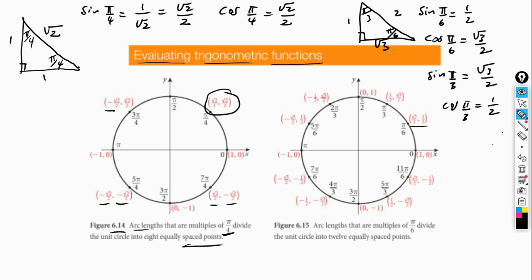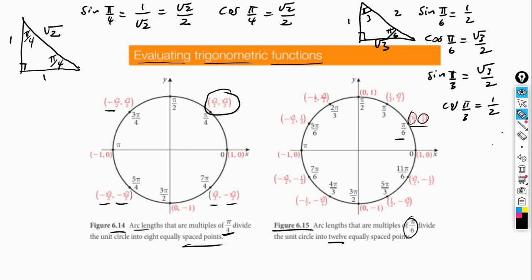So if you look at figure 6.15, it talks about arc lengths that are multiples of pi over 6, and that they divide the unit circle into 12 equally spaced points. But also what is interesting is to notice the x and y coordinates here. So notice that we said that for pi sixths, cosine is square root of 3 over 2, which is the x-coordinate, whereas sine is 1/2.